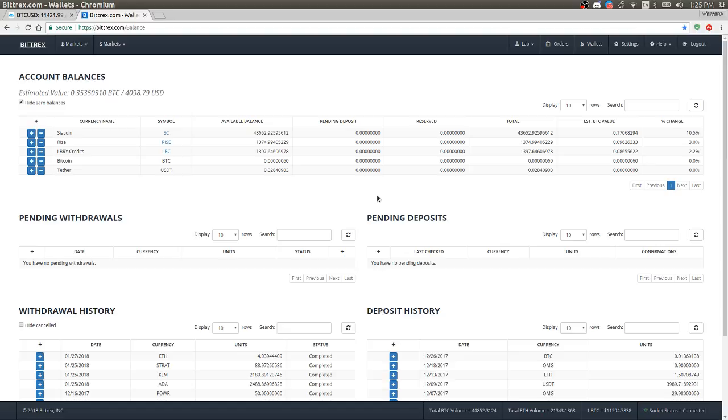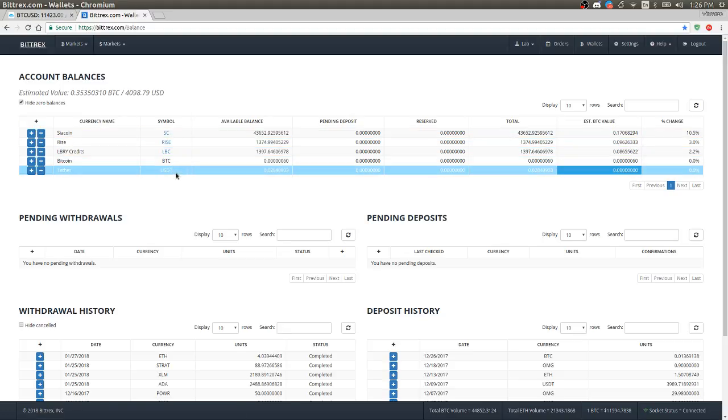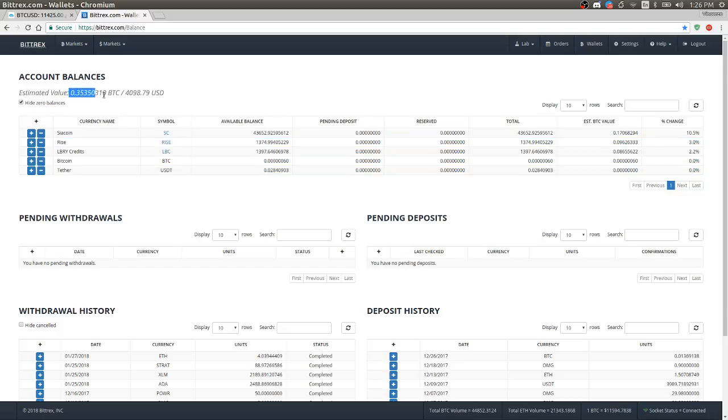So what happens if BTC goes up? If BTC goes up, since every coin is priced in BTC, this BTC value will drop, right? So when BTC starts to go up, you will panic because you see, oh shit, I'm losing satoshis, oh my god, I'm losing here, when the USD value probably stays the same.